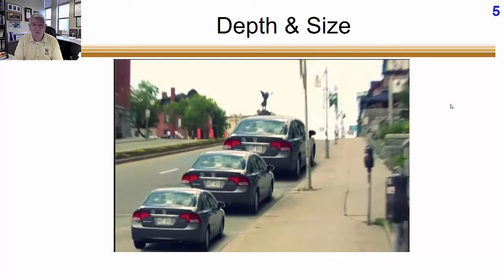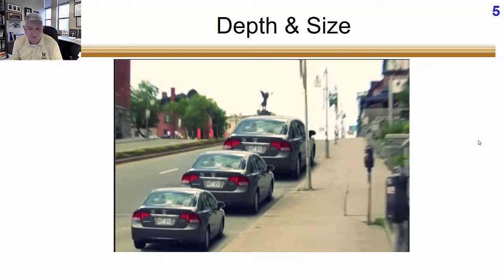Okay, of these three cars in this picture, which one is the biggest? The one that's at the top of the picture, right? What I want you to do is to reach out with your fingers. Measure that car, and then don't move your fingers and measure the second car, and then measure the bottom car.